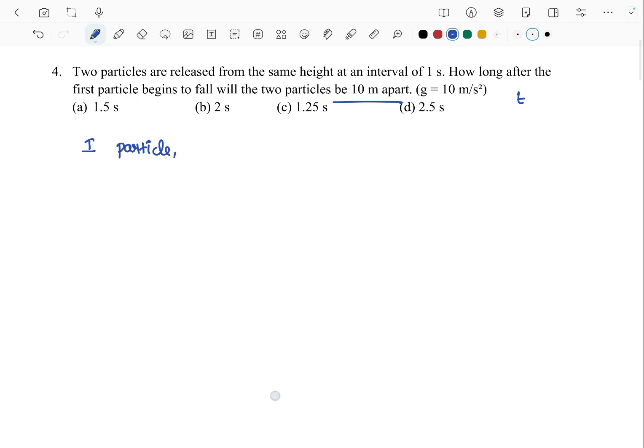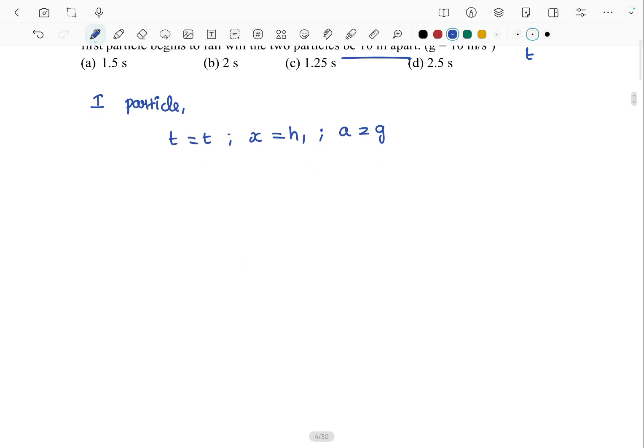For the first particle, let me take the time taken as t, the distance traveled as h1, and acceleration as g. So h1 will be equal to half into g into t square. This is for the first particle.